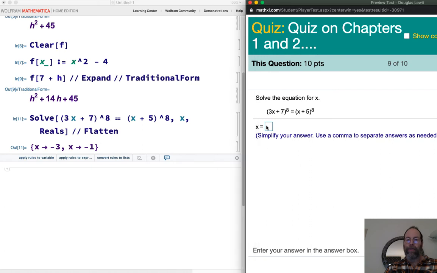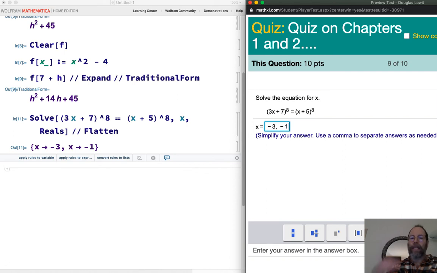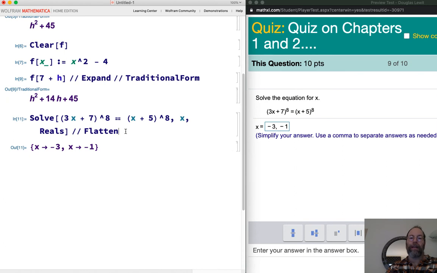So my answers are -3, -1, because I don't have to see all of the other answers, because we're talking about an 8th degree equation, so I'm expecting 8 answers. So in this case, 2 answers are real, 6 answers are going to be complex.